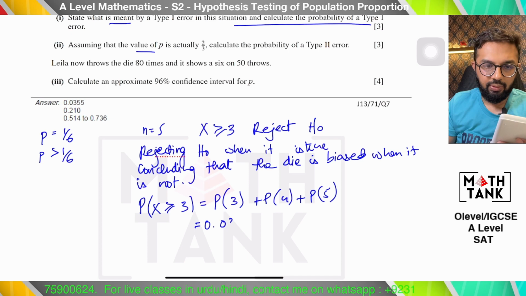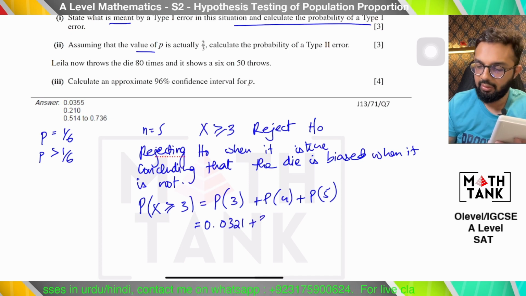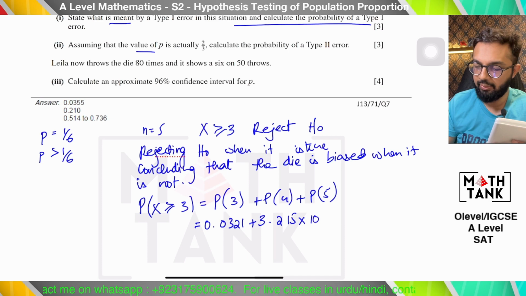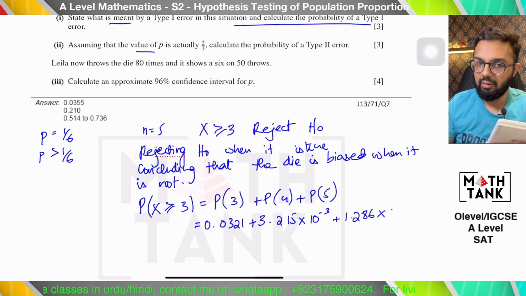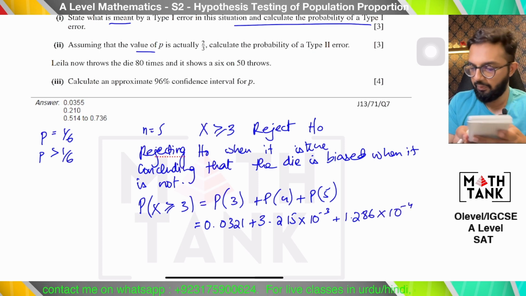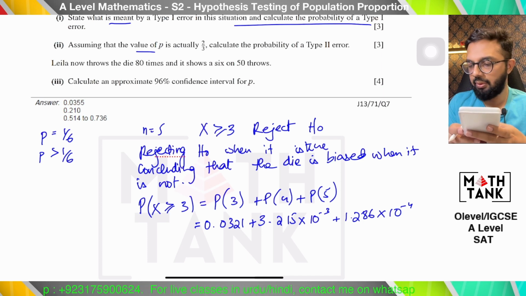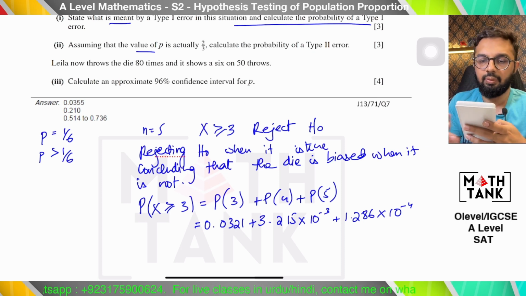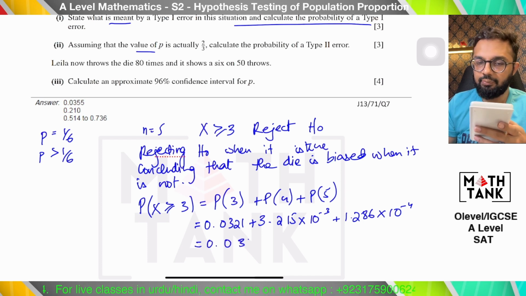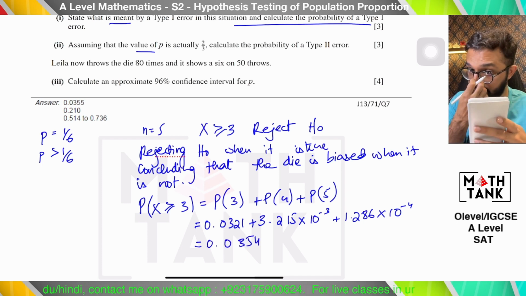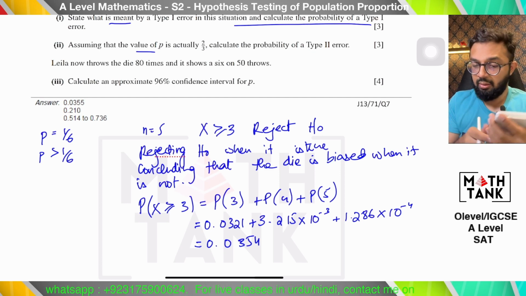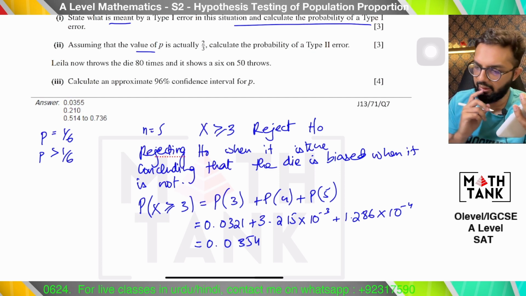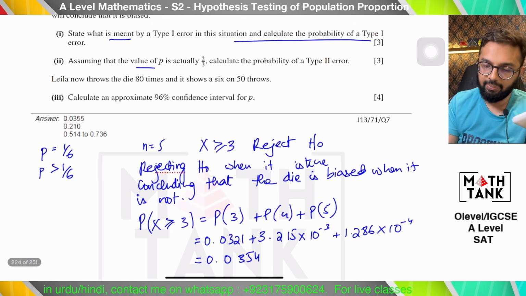So I'm getting 0.0321 plus 3.215 into 10 power minus 3 plus 1.286 into 10 power minus 4. I am getting a bit of a rounding error. It's absolutely fine. It has to happen in some decimals.